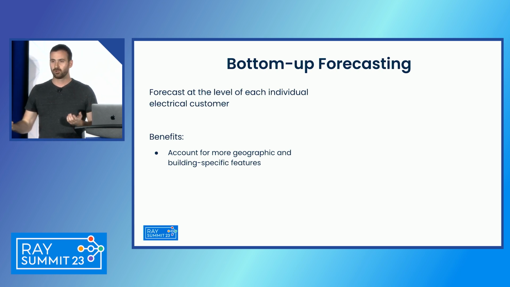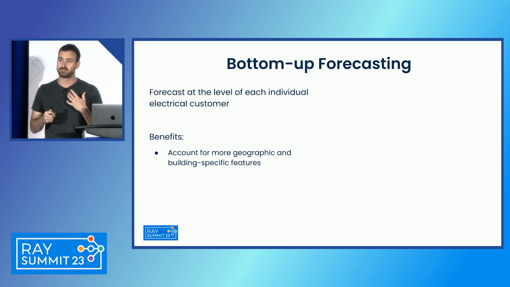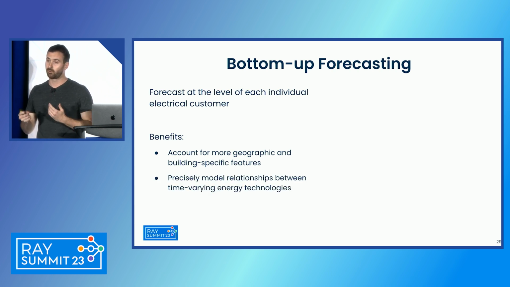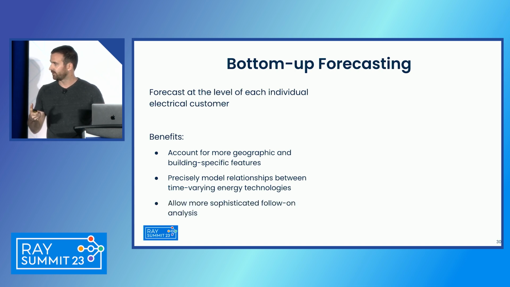This has multiple benefits, but one of the big benefits is that you can account for more geographic and building-specific input features. You can also more precisely model the time-varying behavior of these different energy technologies. And it also allows for more sophisticated follow-up analysis like power flow analysis and rates analysis.